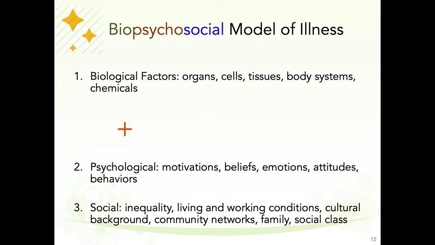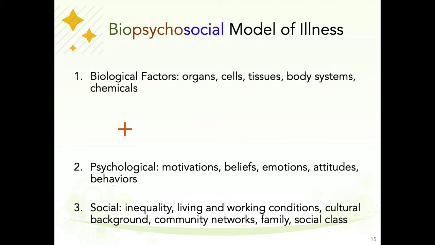Some of the psychological level factors could be motivations, beliefs, emotions. And some of the social factors could be the community around you, inequality in your society, living and working conditions, etc. And it may seem obvious to you that these things can lead to health outcomes. But it wasn't really the main way that illness was thought about. And if you think about models of public health around the world, it's still not the way that governments fund or promote public health necessarily.